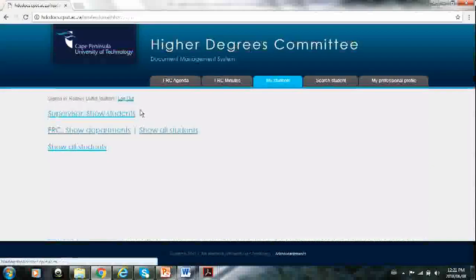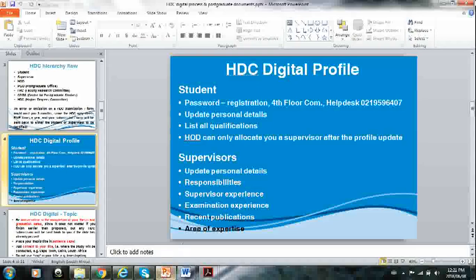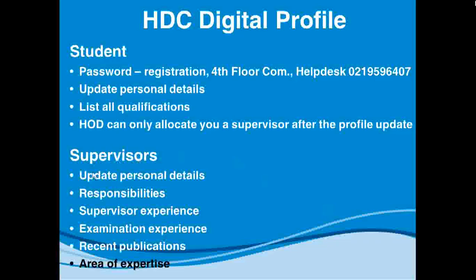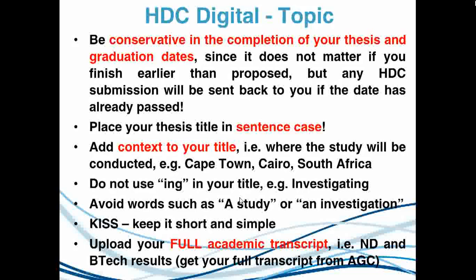Okay, so in the PowerPoint presentation, I've just said update your personal details, responsibilities, supervisor experience, examination, recent publications, area of expertise. Good to keep this up to date. It's almost like an online CV.